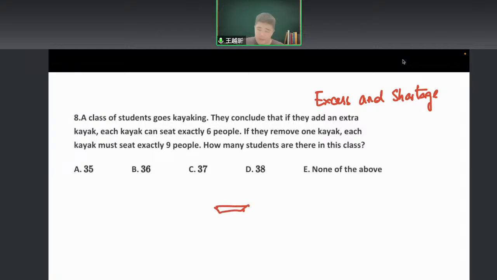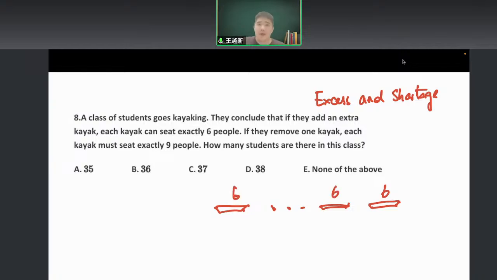So students go kayaking. They conclude that if they add an extra kayak, so let's say we initially have this many kayaks, we don't know how many. If I give an extra kayak, every kayak can sit 6 people.